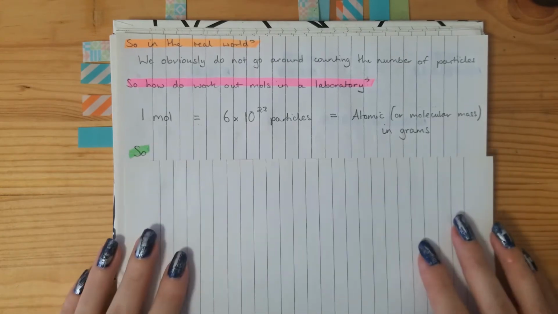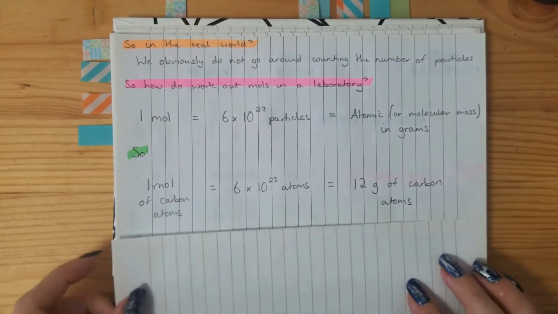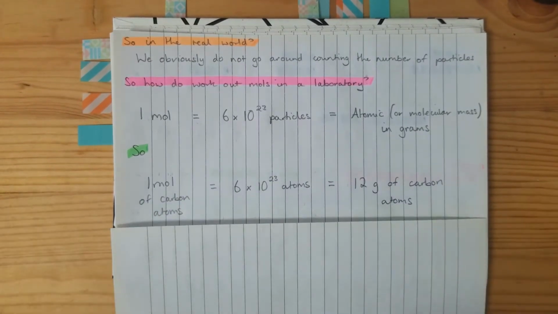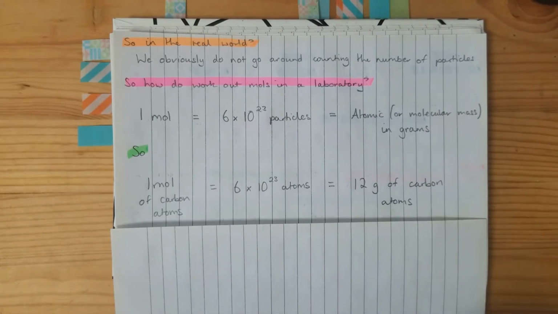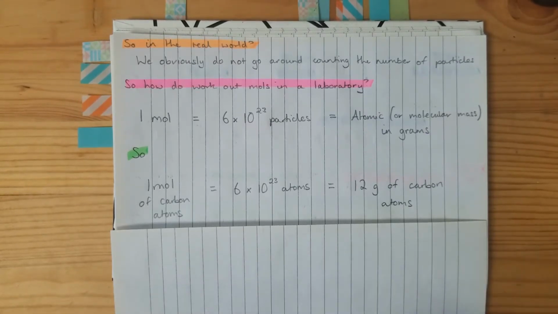So if I had 1 mole of carbon atoms, that would mean I would have 6 times 10 to the 23 atoms, and that also equals 12 grams of carbon atoms. Because 1 carbon atom is 12, we can look up the atomic mass on the periodic table. So 1 atom is 12 relative atomic mass units, but 1 mole, 6 times 10 to the 23 atoms, is actually 12 grams of carbon atoms.